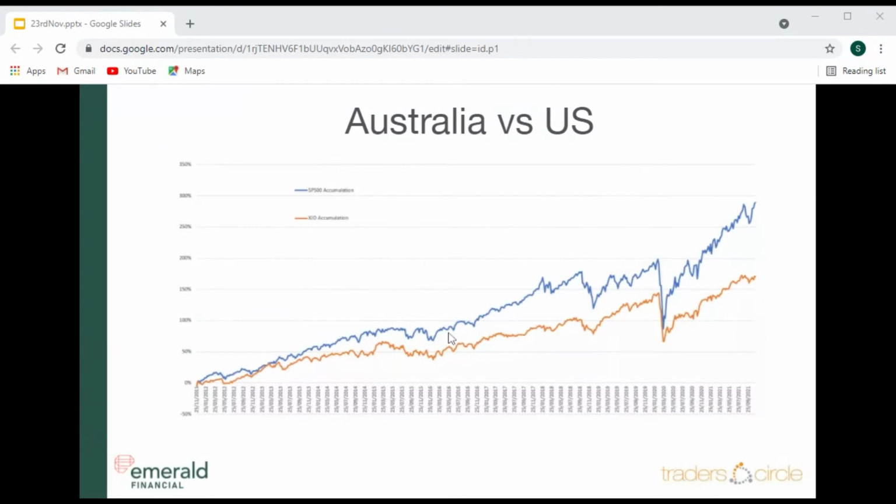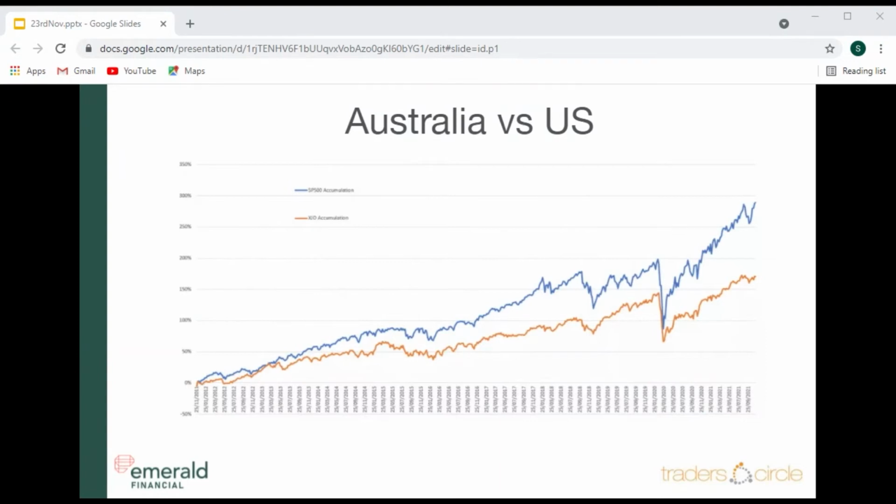Now, when you see most of these comparisons, you actually see a straight comparison of the S&P 500 versus the XJO. But that doesn't really do any justice to our own market, because our own market tends to be a very high dividend market. So in this comparison, we're actually looking at what's called an accumulation index. And this means it's a comparison where the dividends have been reinvested into the index.